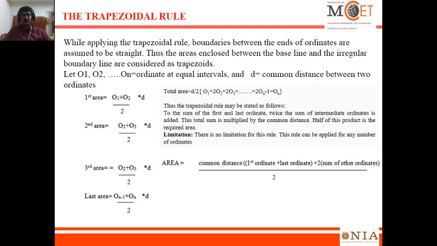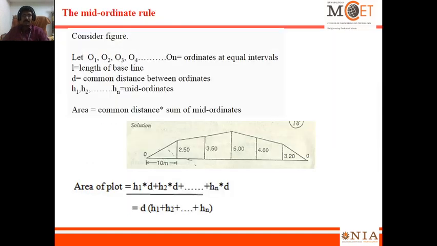The same notations here. Let O1, O2, O3 up to On be the ordinates at equal intervals. D is the common distance between two ordinates. Then, for example in this diagram, all are considered as trapezium, right?